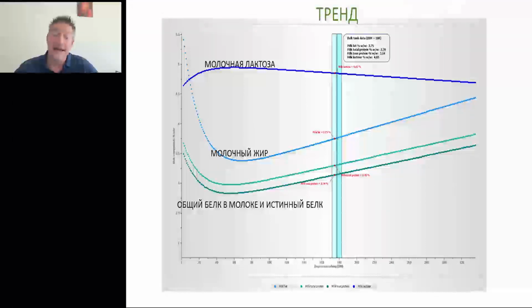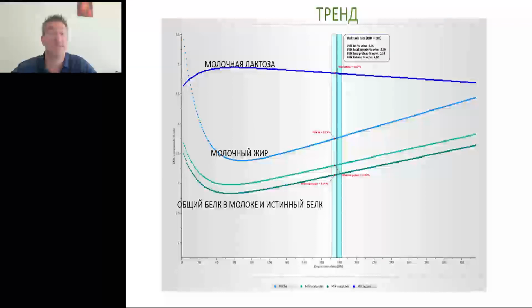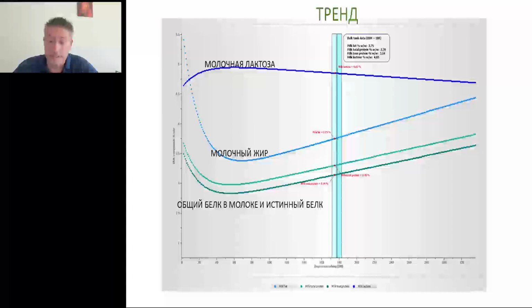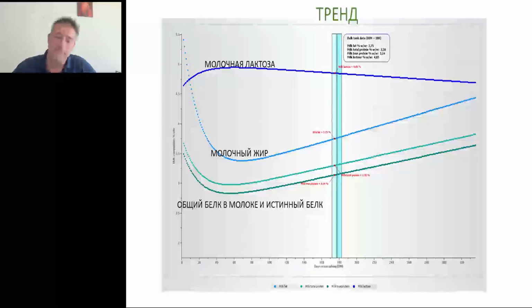They are high in the first 20 days of lactation because colostrum has just shifted to milk. Then they decrease, touching the lowest level at the peak of lactation, and start again to increase in the second and third part of lactation.